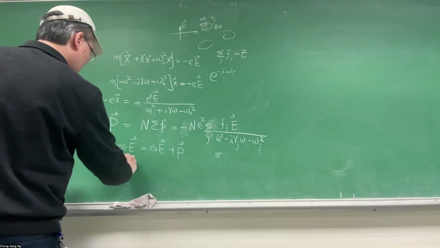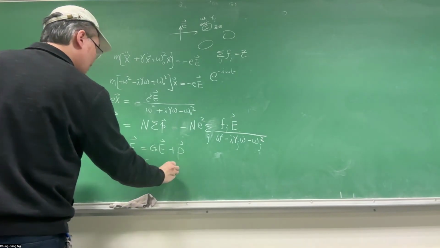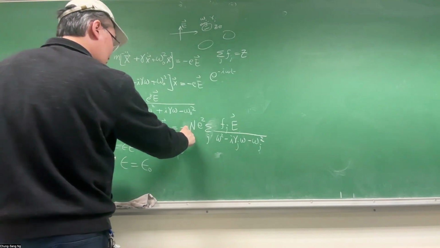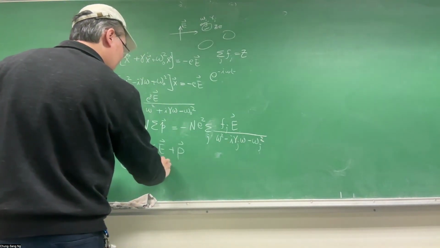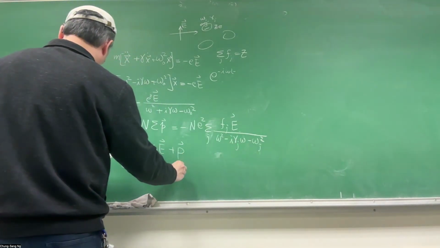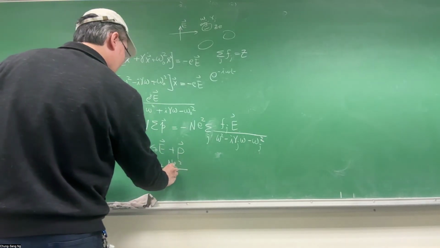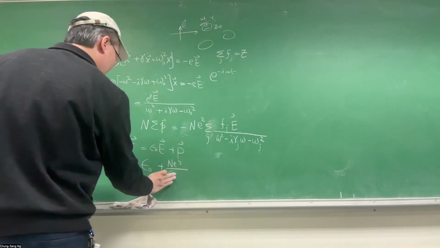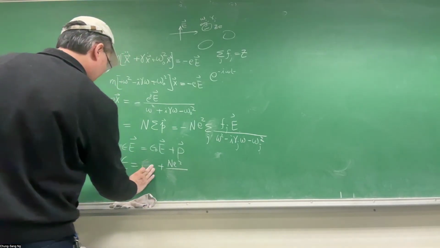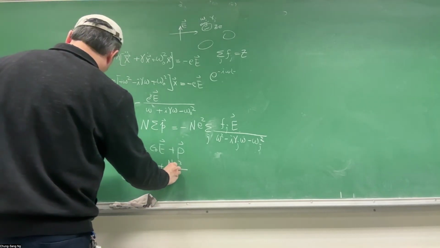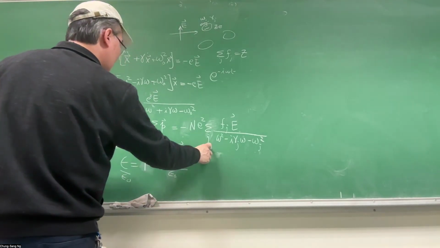So epsilon is epsilon 0 plus, I think Jackson changed the sign by changing the sign of the denominator, N e squared over epsilon 0. We can follow Jackson and divide by epsilon 0. So this is 1, this is epsilon 0.